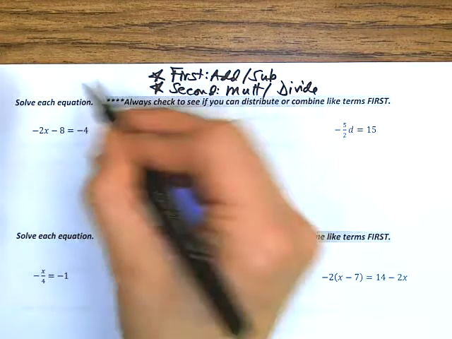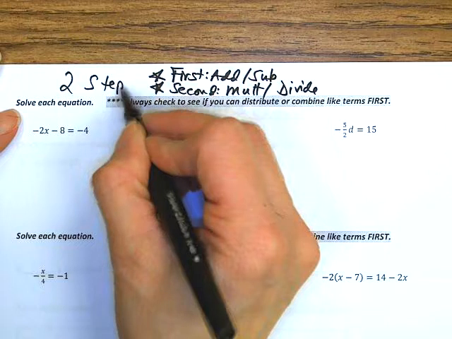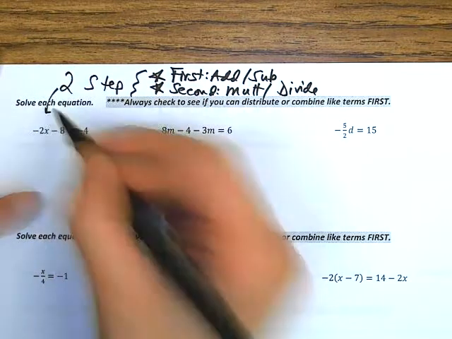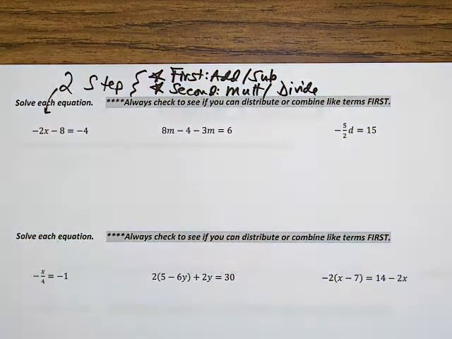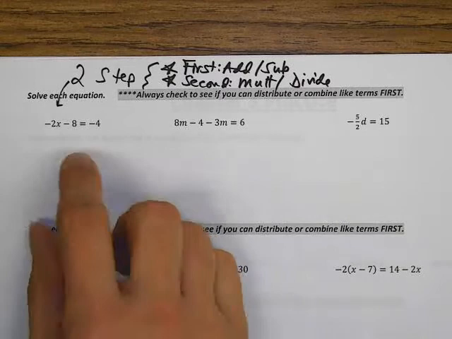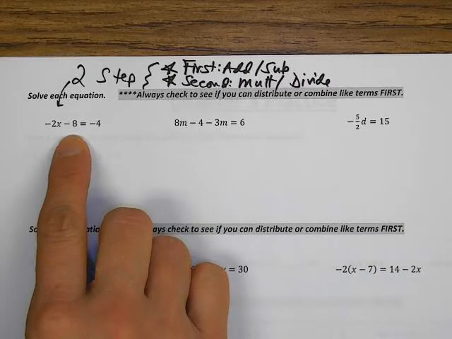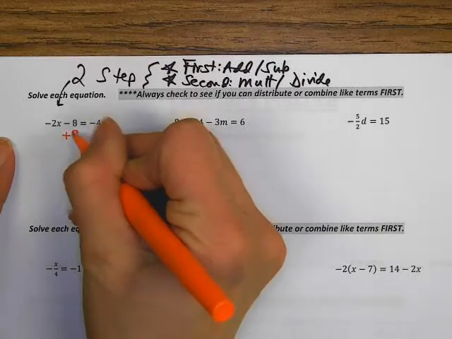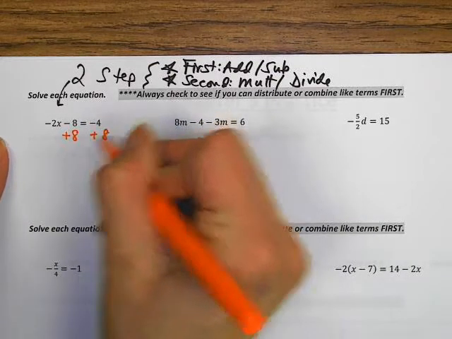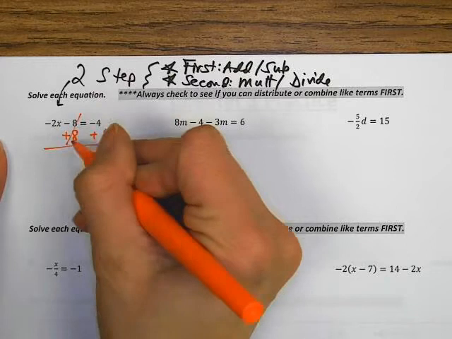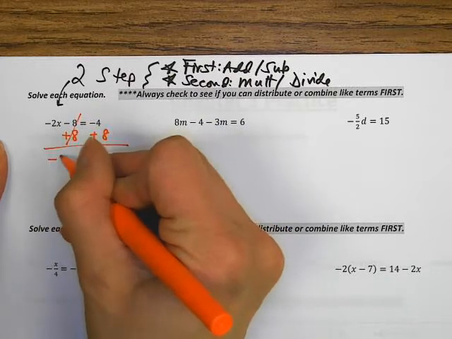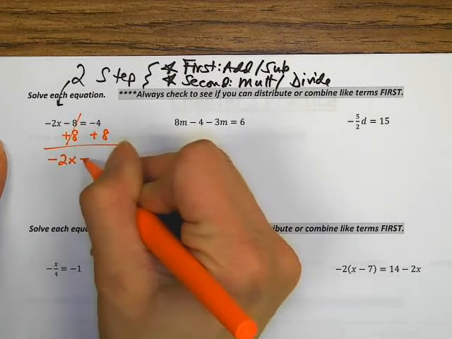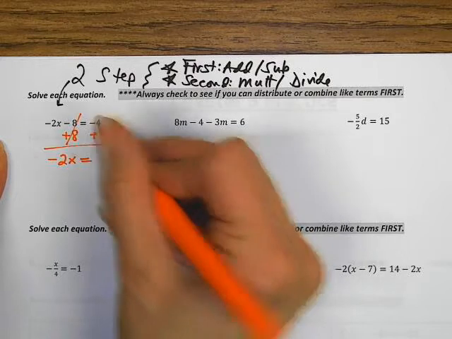So this is for a two-step equation, like this equation right here. The first thing that we're going to do is get the 8 out of there. So I'm going to add 8 to both sides, and that cancels it away. Now we have negative 2x equals 8 minus 4 is 4.